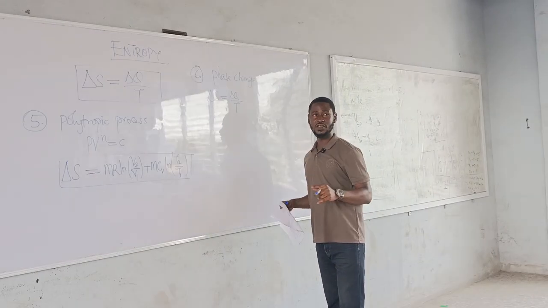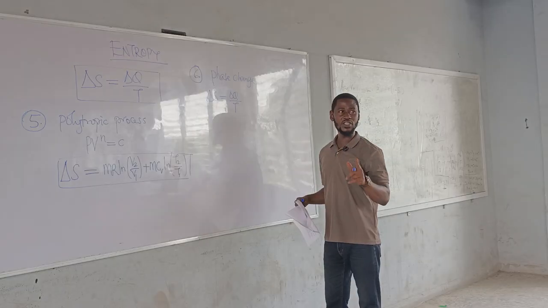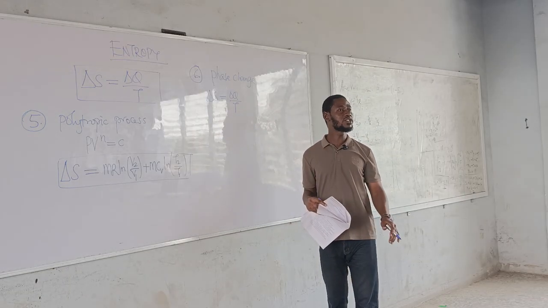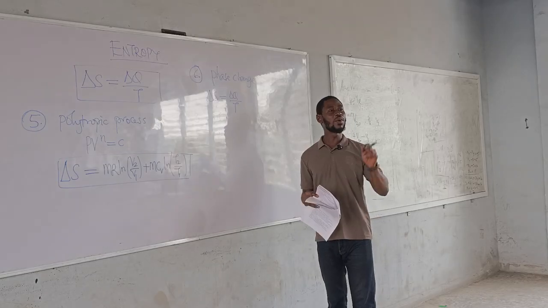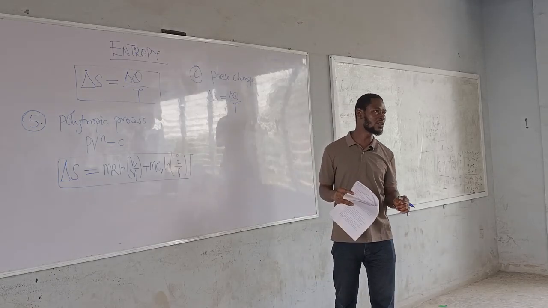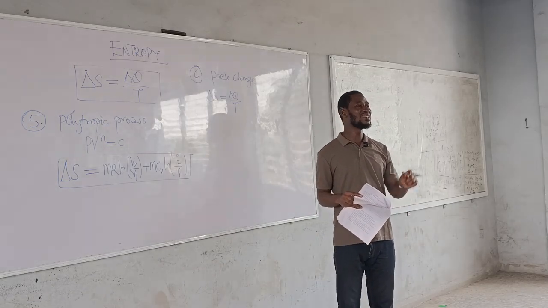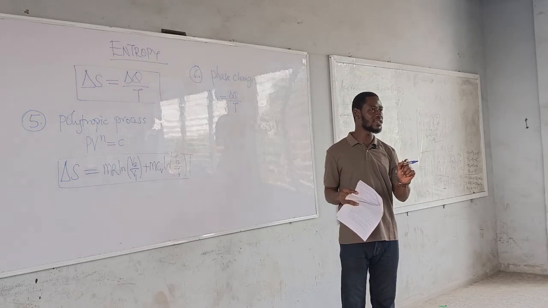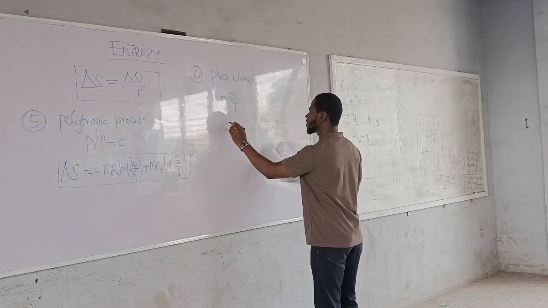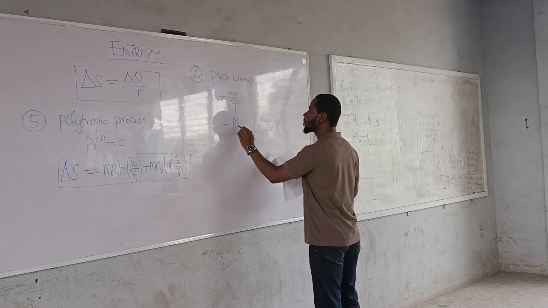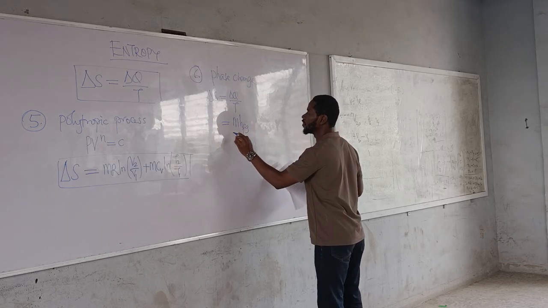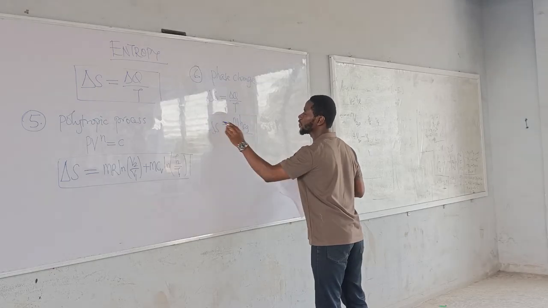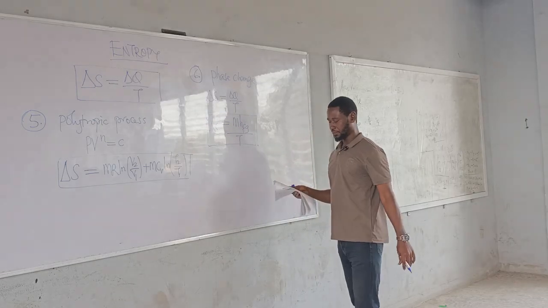Can we recall what I just said? So in this case, for phase change, we are going to replace change in Q with the change in enthalpy that lies between the saturated and the superheated stage, which is given as m h_fg over T. That is the change in entropy for phase change.